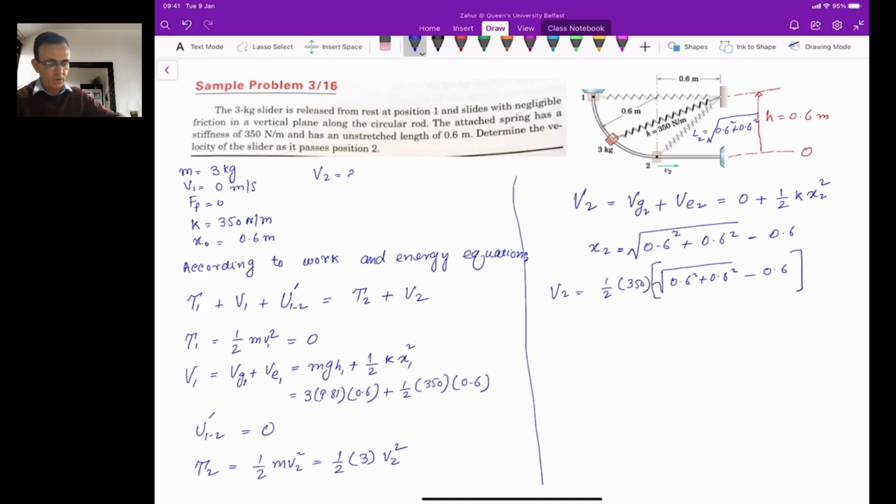Okay, so now we have all the values for the work and energy equation. Now we can put all these values here. T1 is 0.